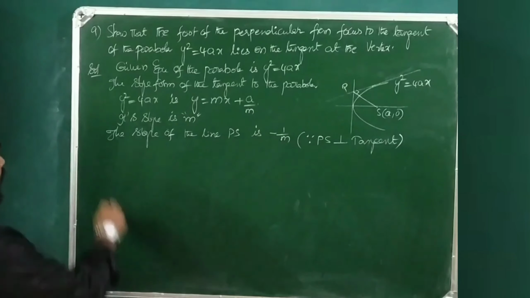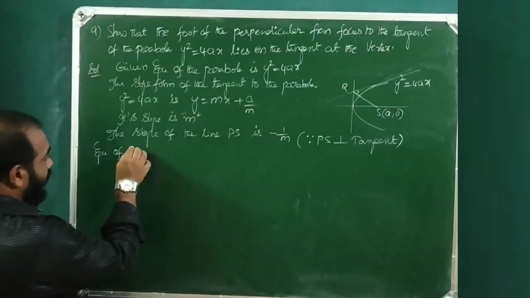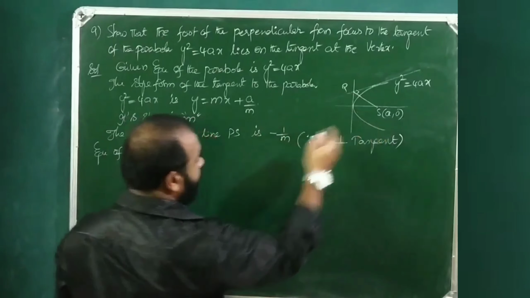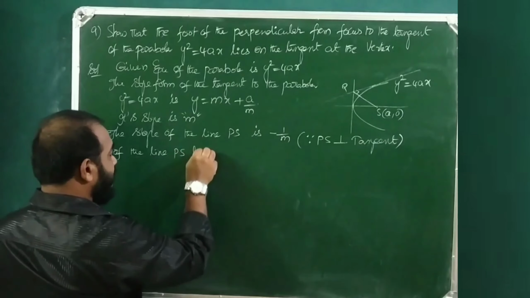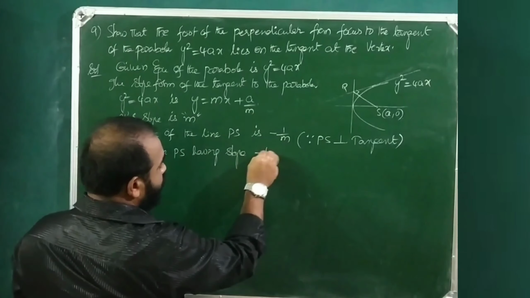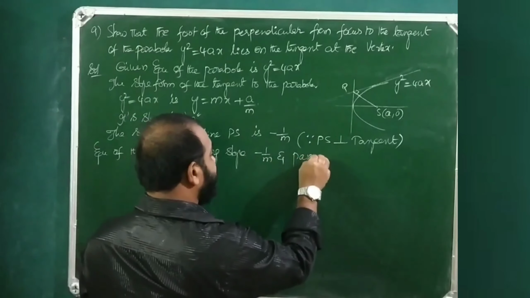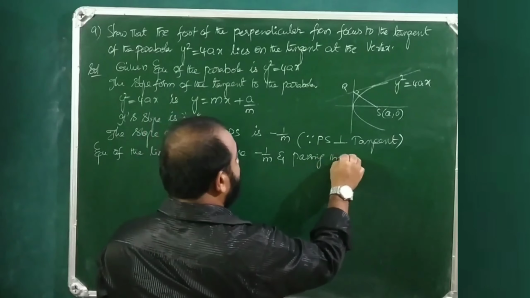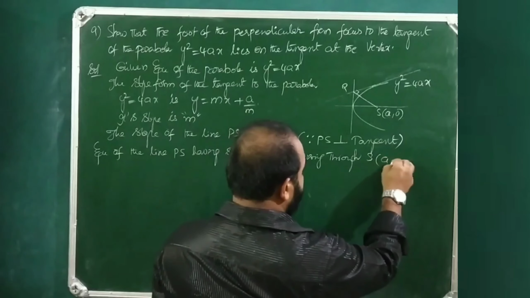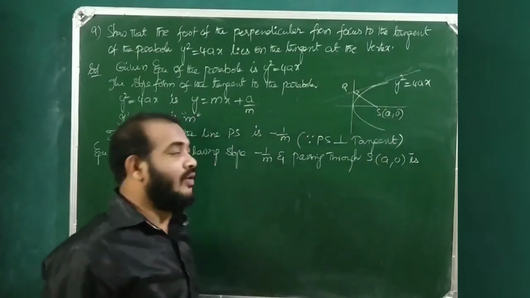Now, equation of the line PS having slope minus 1 by m and passing through S a comma 0 is, they have a point and a slope, point form.